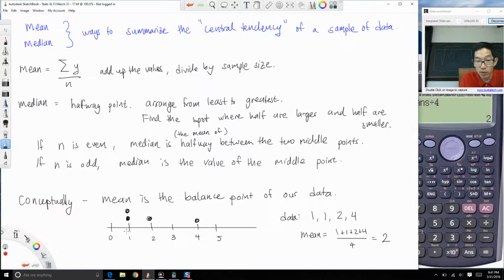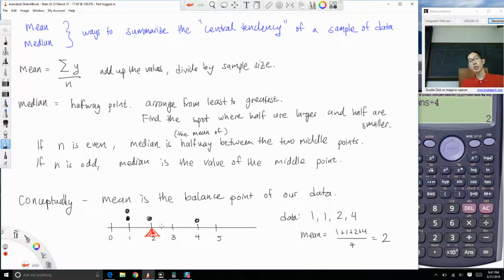If we were to treat this picture as a plank with rocks or stones, and I wanted to make a seesaw, the spot where I would put the fulcrum, the little tipping point, would be right at 2.